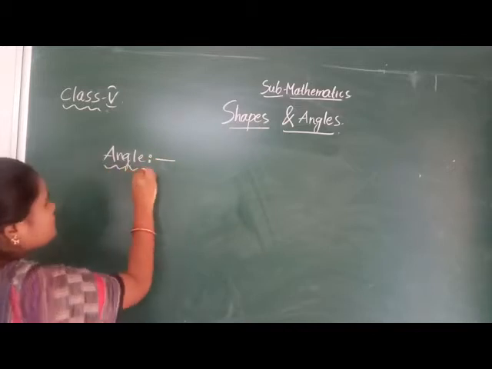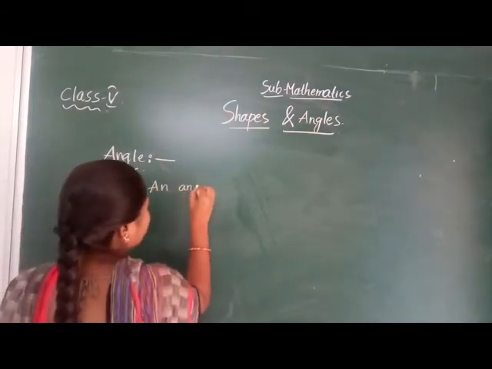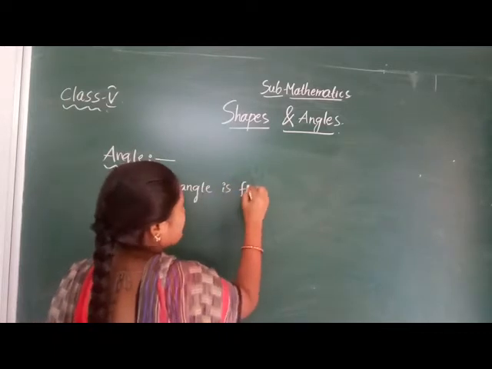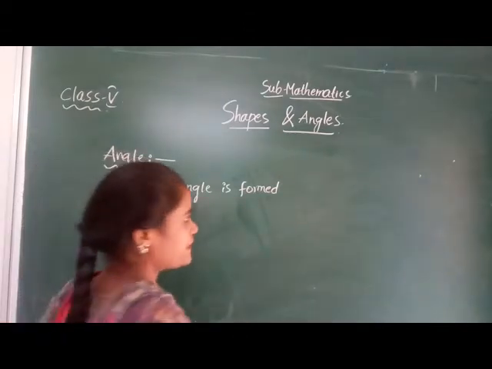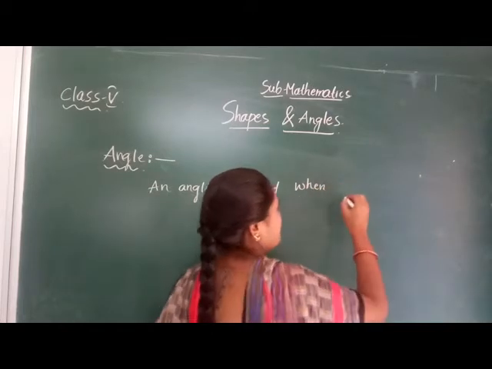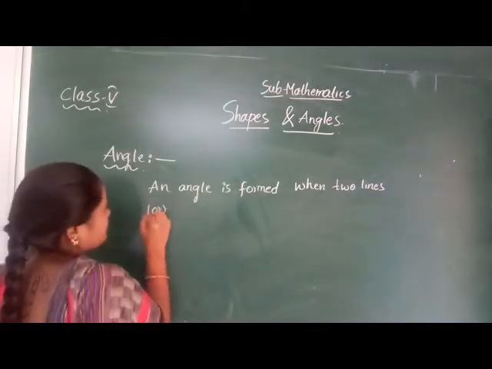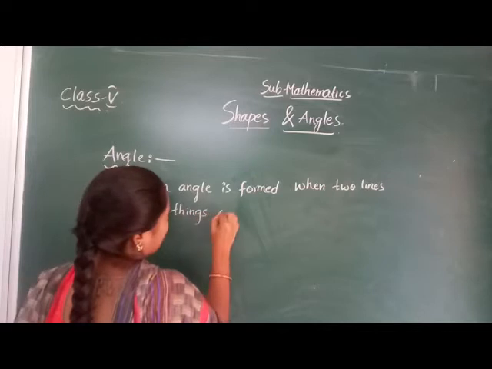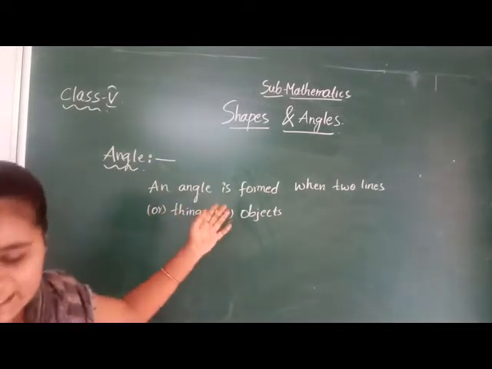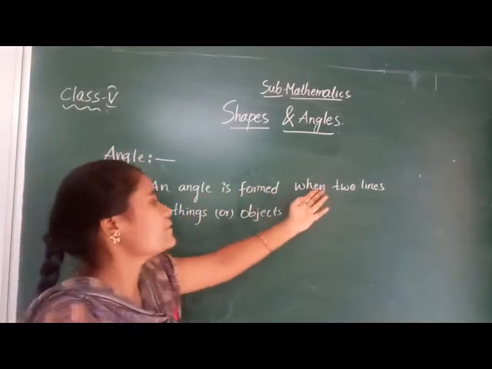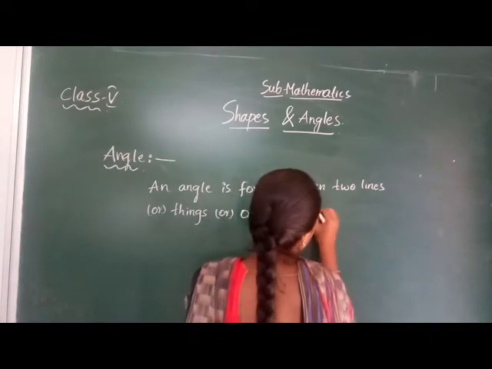Next we will go to angle. What is an angle? An angle is formed when two lines or things or objects meet at a common point.